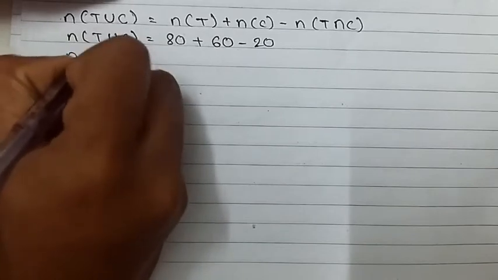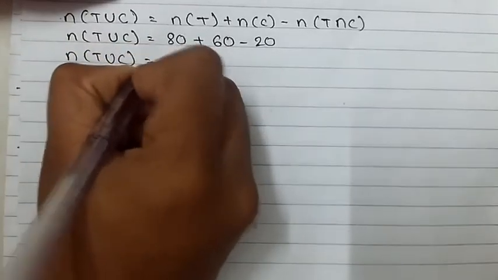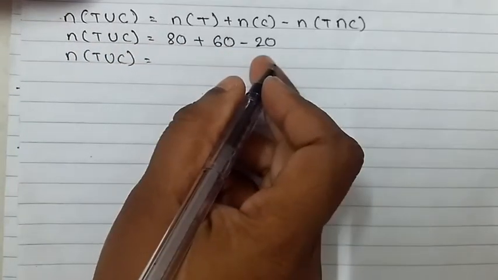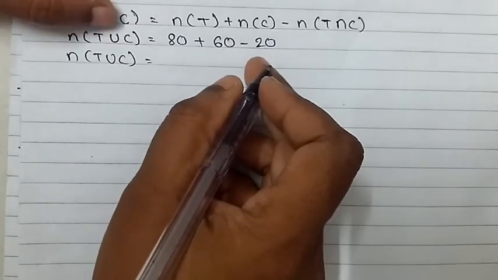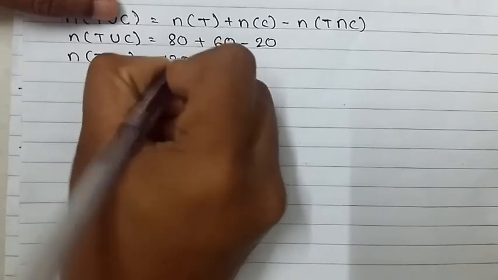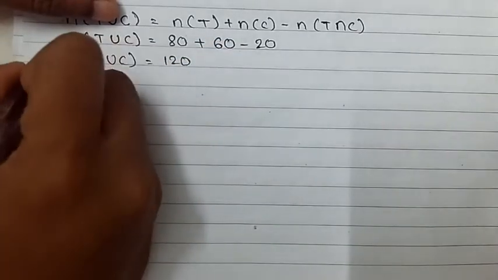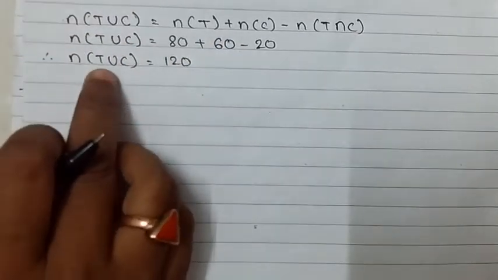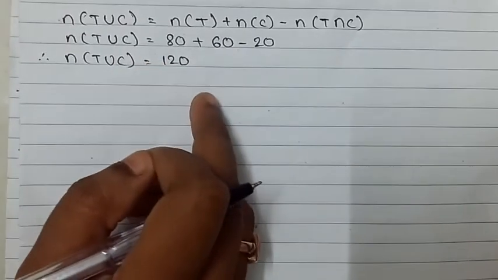So n of T union C: when we add 80 plus 60 and subtract 20 from that number, what we get is 120. So the result is n of T union C is equal to 120.